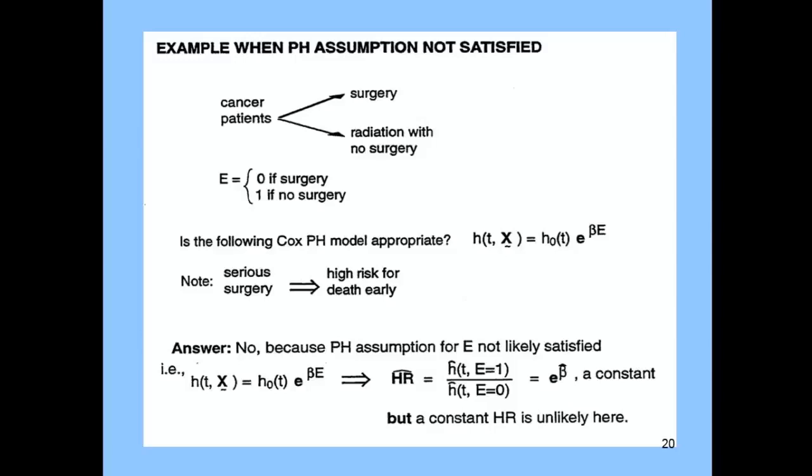So you're at risk for dying, or at risk for some more serious outcome, early on after surgery compared to people who didn't get surgery. That's why the answer is no, because the PH assumption is not likely to be satisfied.